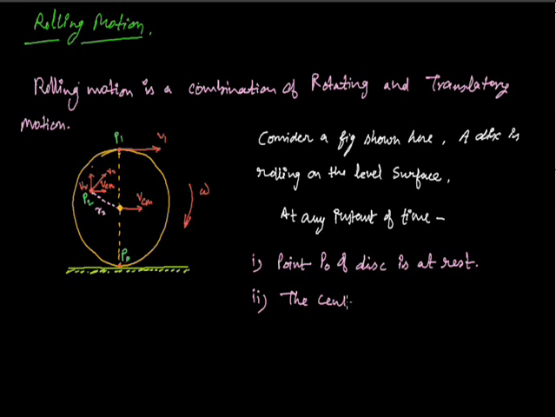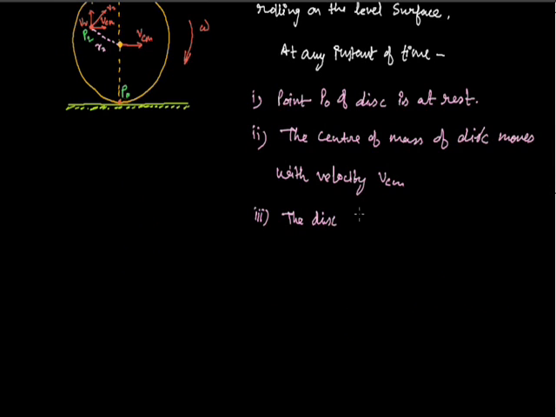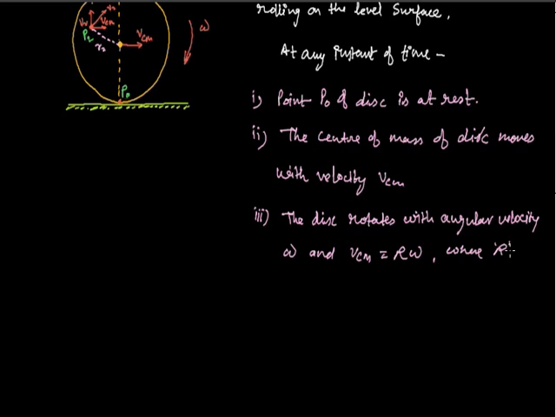The center of mass of the disc moves with velocity Vcm. The disc rotates with angular velocity omega, and Vcm is equal to capital R omega, where capital R is the radius of the disc.